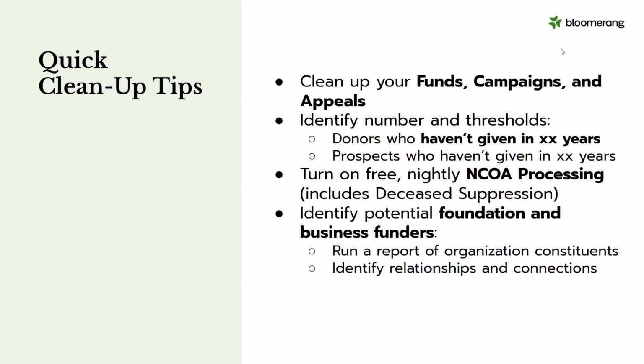And since securing this type of funding is often a matter of who you know, don't forget to run your list by your board members, committees, certain major donors, loyal volunteers, and staff to see if anyone has connections with any of these prospects. An easy way to do this within your database is to run a report of organization constituents.